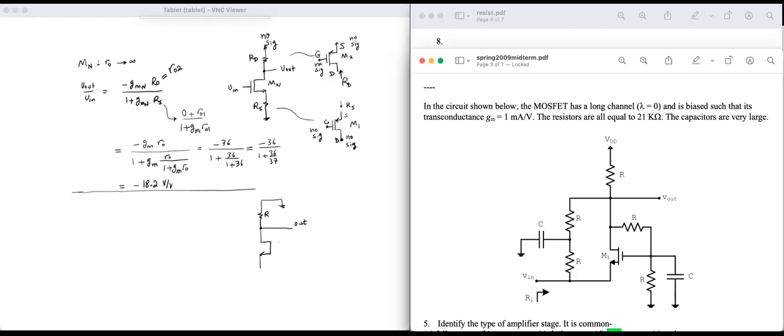Notice the gate of the MOSFET is here, and there is a capacitor connected to the gate. The capacitor will ground the gate.